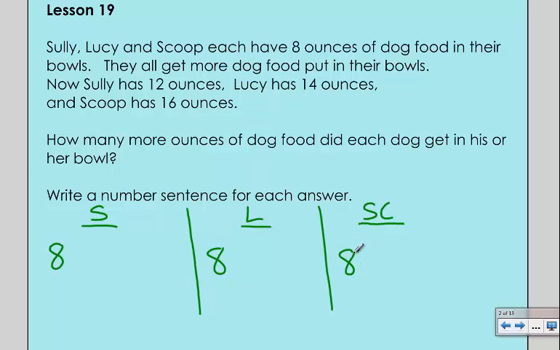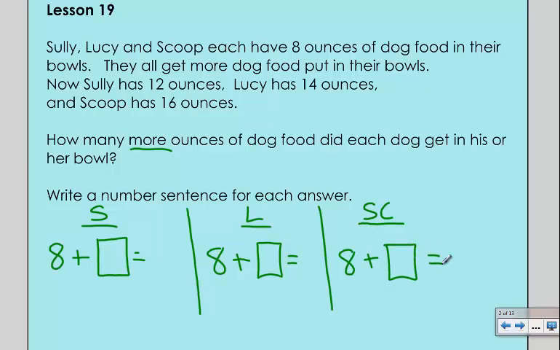And they each get more dog food, so to me, more means plus. So I think I'm going to write addition sentences. But the problem is, I don't know how much more they each get. So I need to leave my more part blank, because I think they all get different amounts.